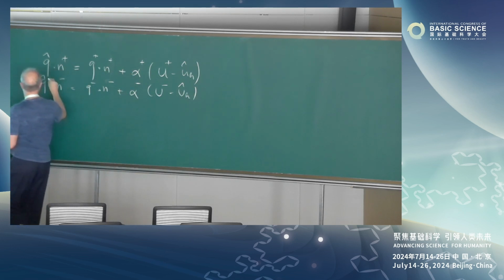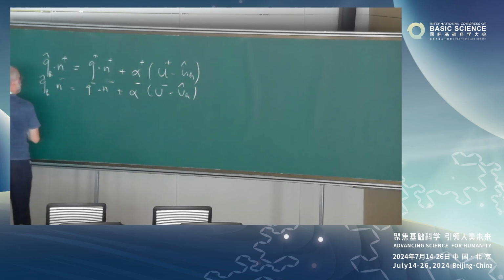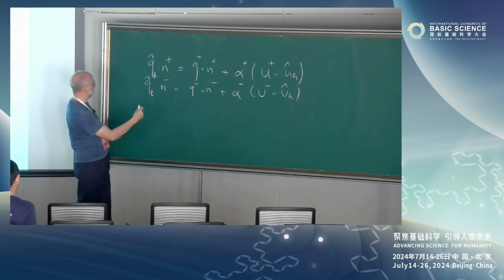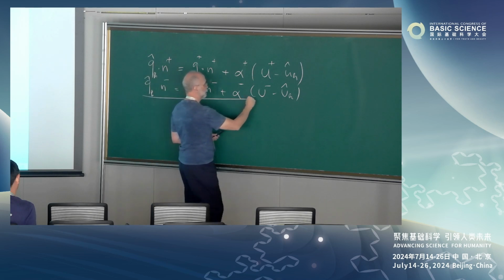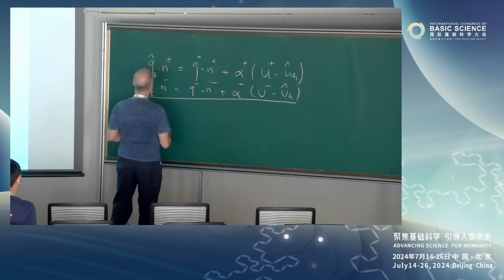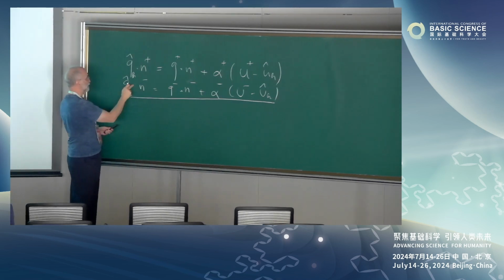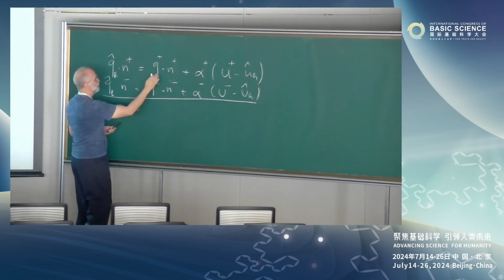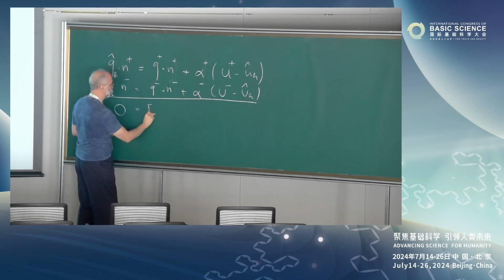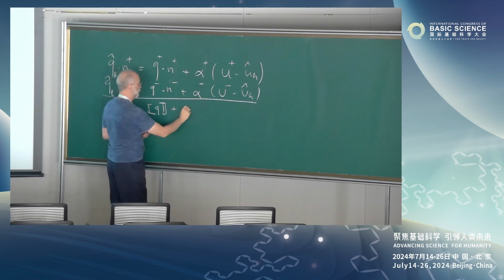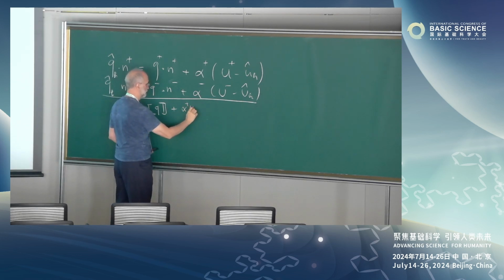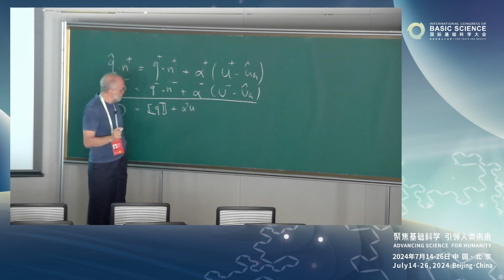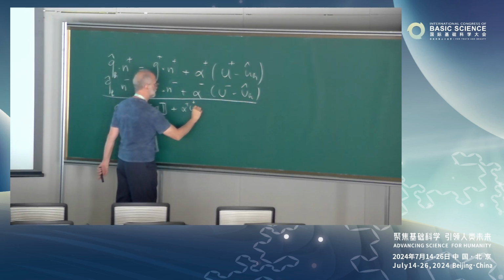So both, U hat is single valued, right? Okay, so now I add these equations, and I want this plus this to be 0. So this is 0, and this plus this I call the jump of Q, and then here I have alpha plus U plus.